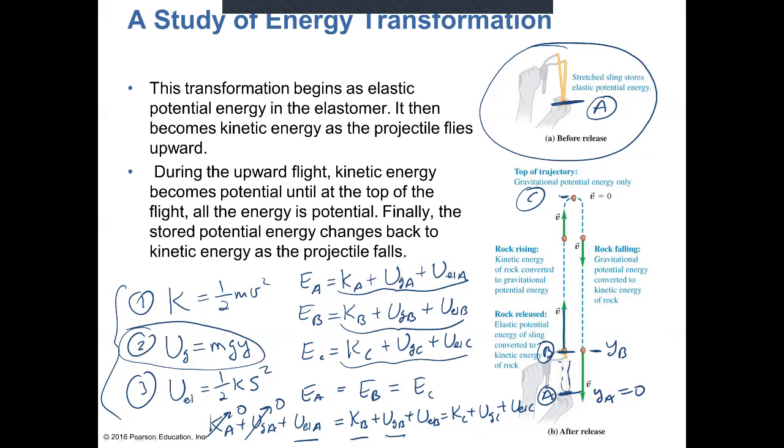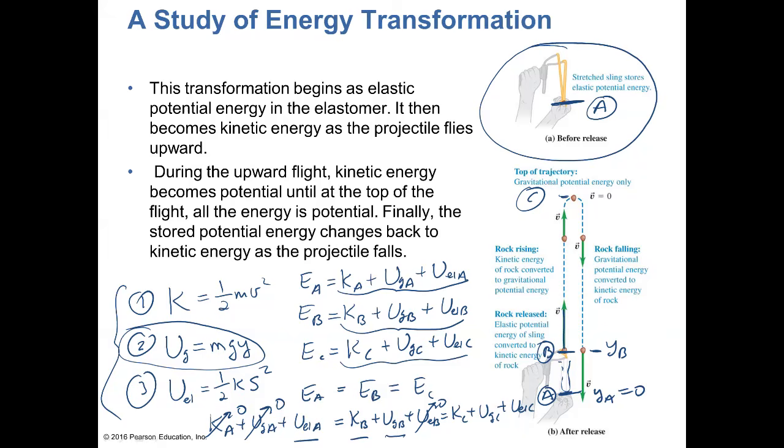But then when you go to this position B, the rubber band is sent to its non-stretched position. So this term here is 0 because it's no longer stretched or compressed. So there's no elastic energy if the elastic object is not stretched or compressed.